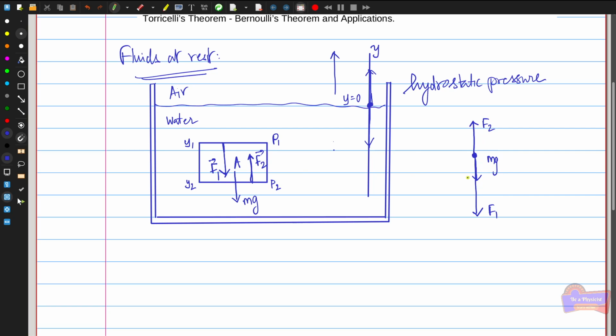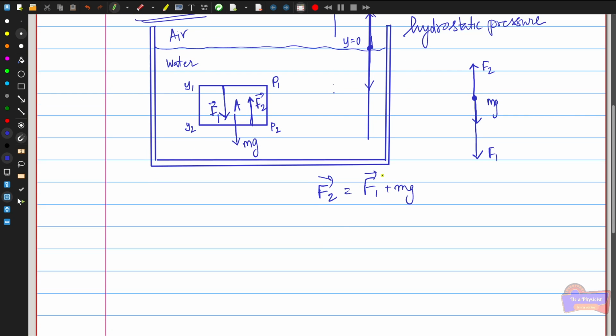So the balance of these three forces can be written as F2 equals F1 plus mg. The forces F1 and mg act downwards, and they are balanced by the force F2, so F2 equals F1 plus mg.